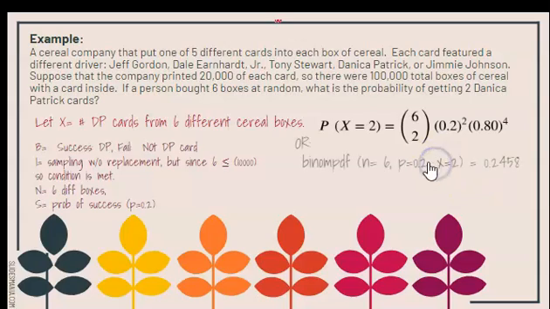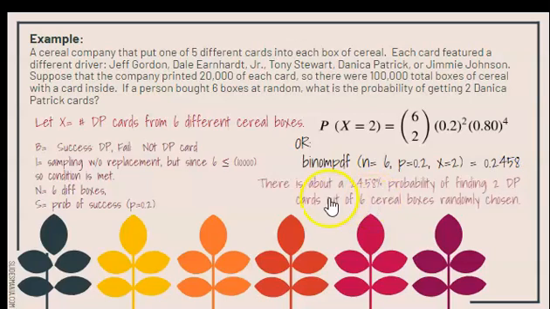All right, crank it out. I could put it in the calculator, and it would look like this. Notice I've defined my variable right here, and I've given the calculator information, defining n, p, and x. So there's my probability. I would need to interpret this. So there's about a 24.58% probability of finding 2 Danica Patrick cards out of the 6 cereal boxes randomly chosen.